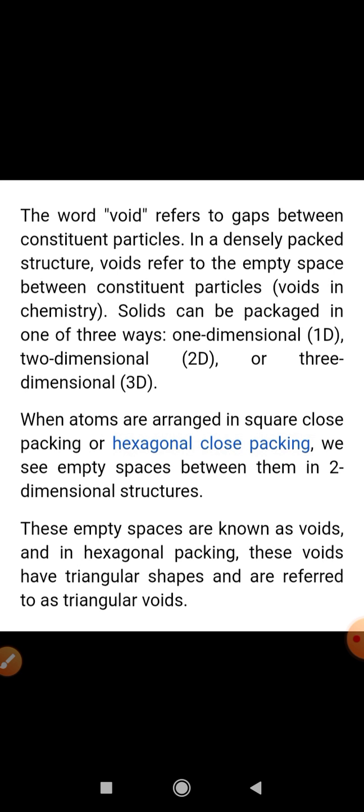When we arrange this 1D, 2D and 3D arrangement of particles to form a solid, there is an empty space within these particles, within this arrangement of particles. This empty space is referred to as void.